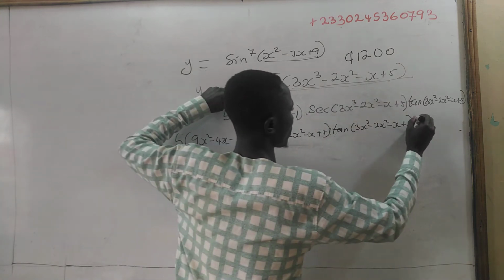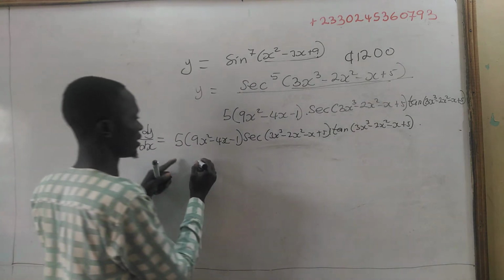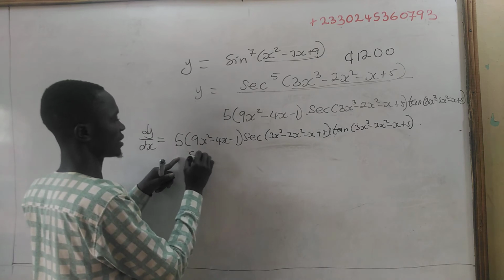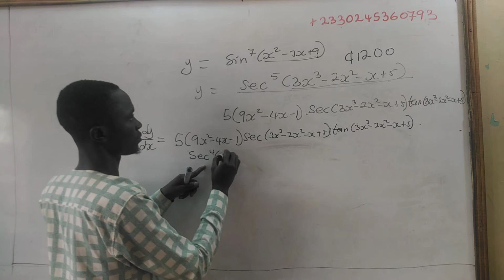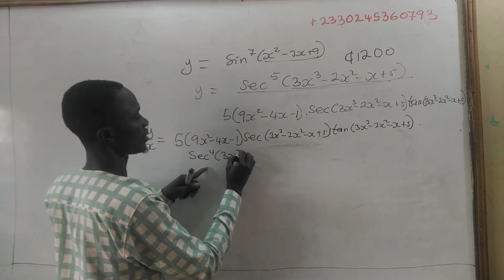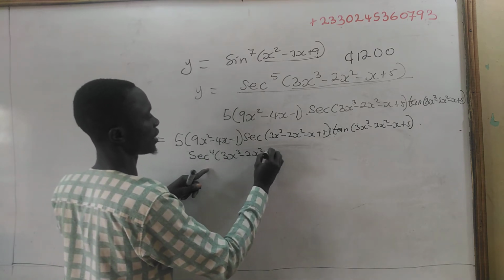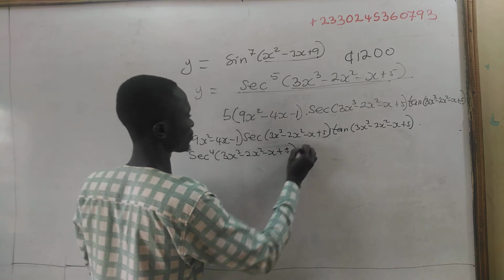So the original is what? Secant, then subtract 1 from the power, so power 4, 3x cubed minus 2x squared minus x plus 5.